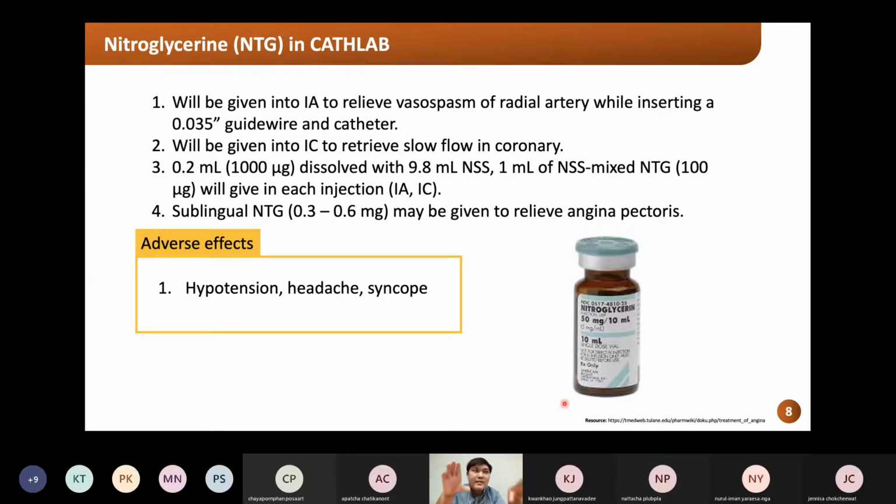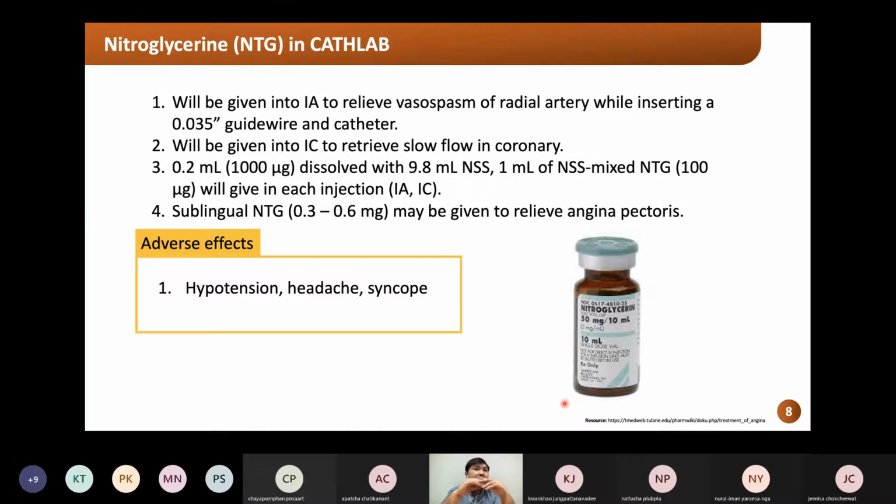It's very important for us as a scrub technician or circulating technician, because NTG is frequently used in the cath lab. Like I said before, when you see vasospasm, the interventional cardiologist will give NTG to dilate the constricted vessel.